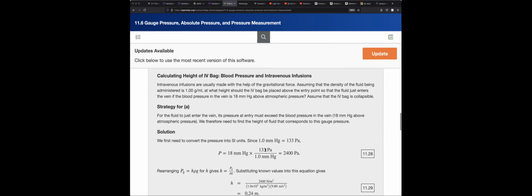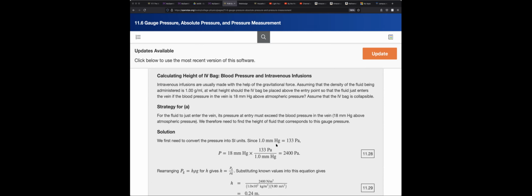You can also use the same idea to put blood in the body. So if you've got an IV solution and you're trying to put saline solution into the body, for example, the IV bag is placed above the arm, and in some cases they literally just watch the tube that's going into the arm.